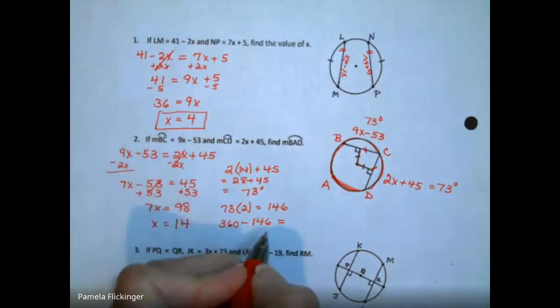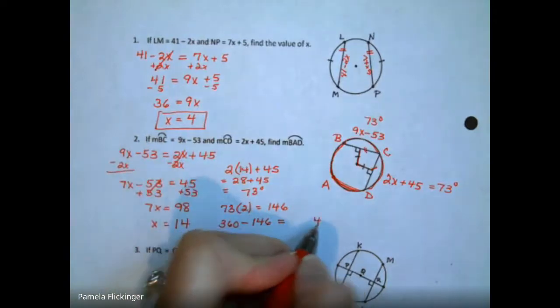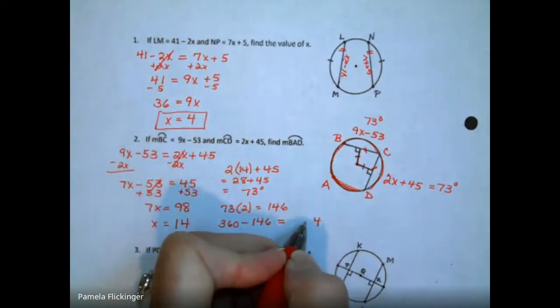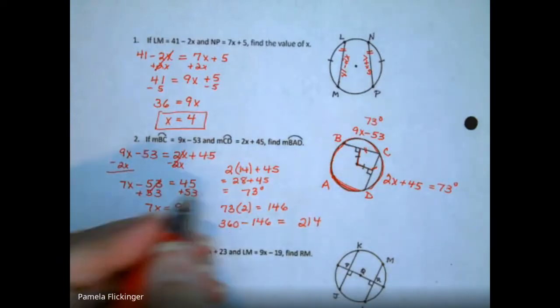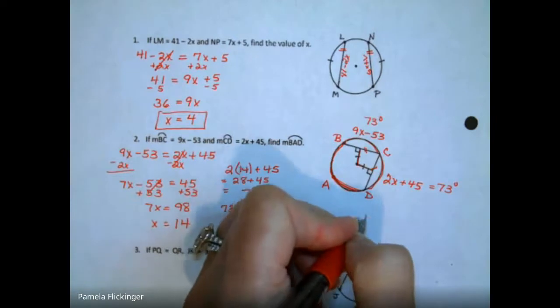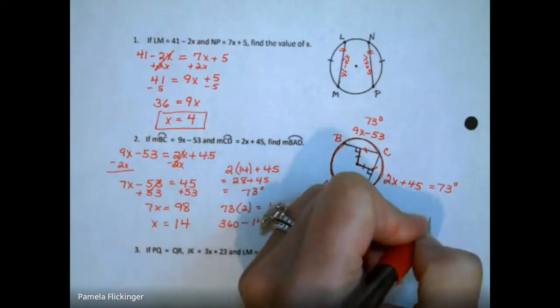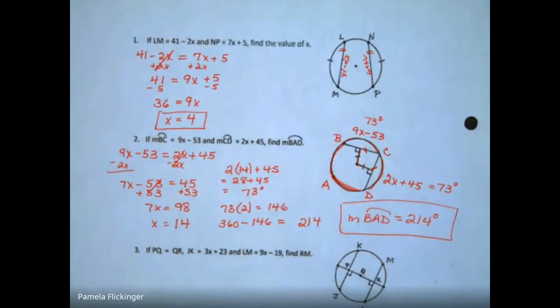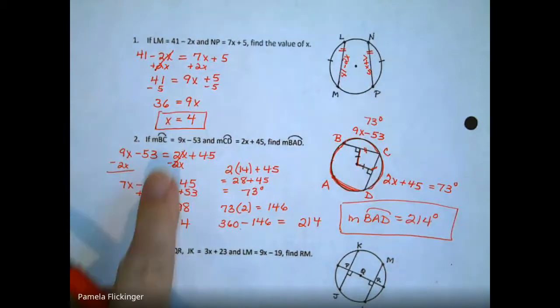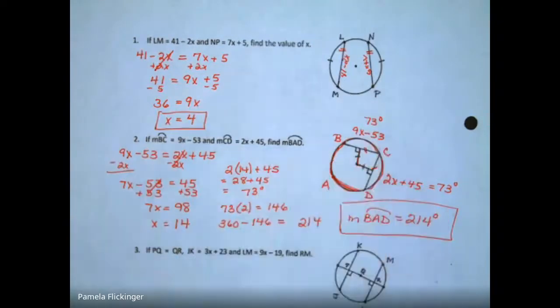That's going to be 214. So the measure of arc BAD is 214 degrees. So we had to solve for x first, substitute it back in to find our missing pieces, and then was able to go from there.